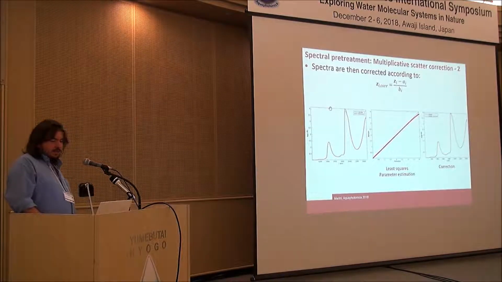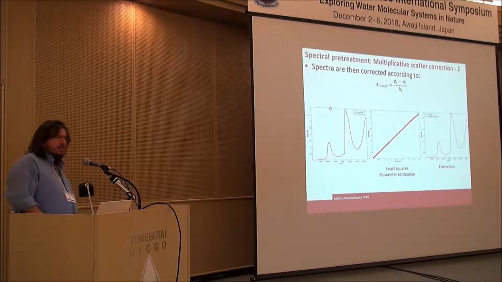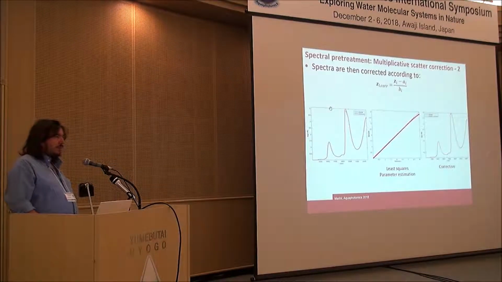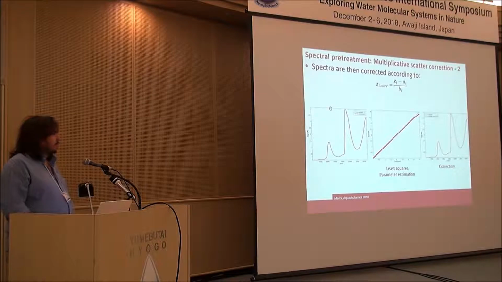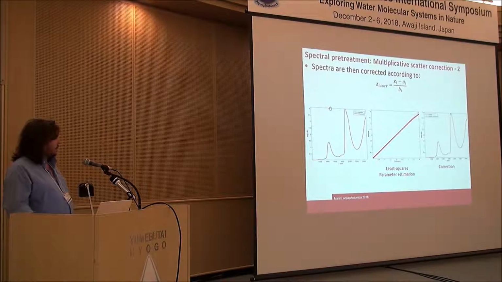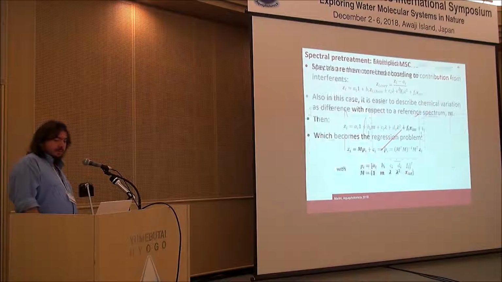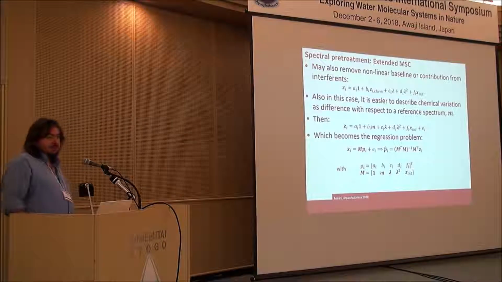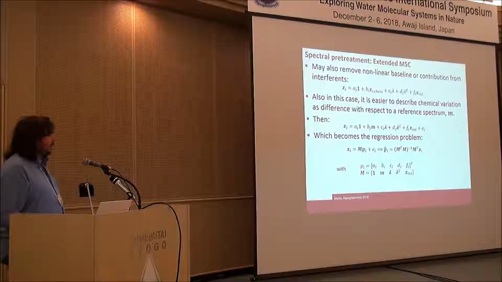And this is just a graphical illustration of how, for one particular sample, multiplicative scatter correction could be applied given the reference spectrum.